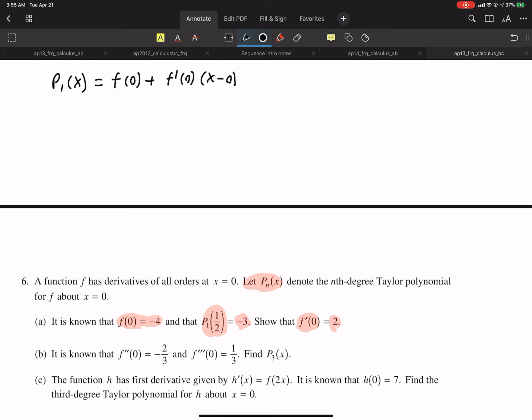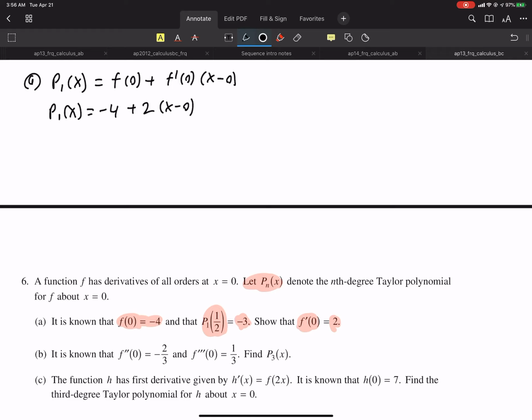Now we just plug in values. So P1 of x, f of 0 is simply -4 because they tell us that. F prime of 0, we're told that it's 2. Oh, my bad.